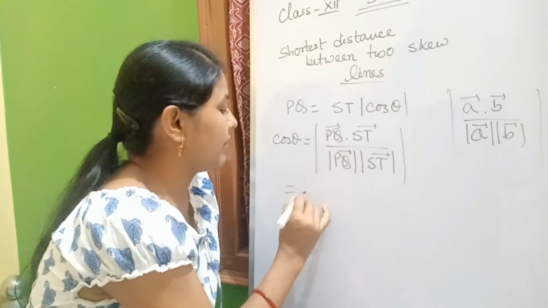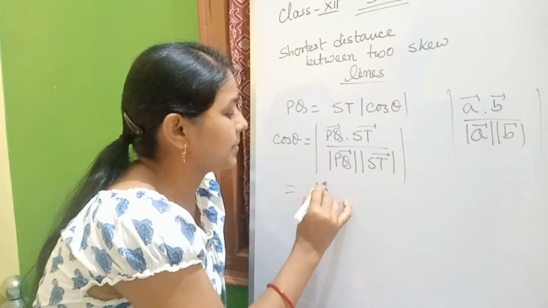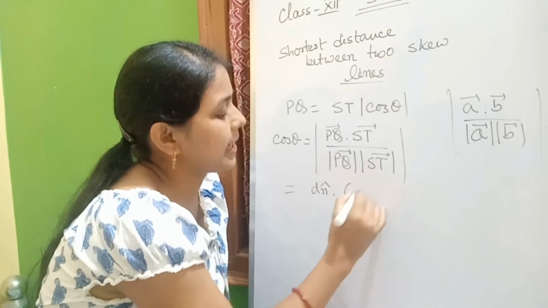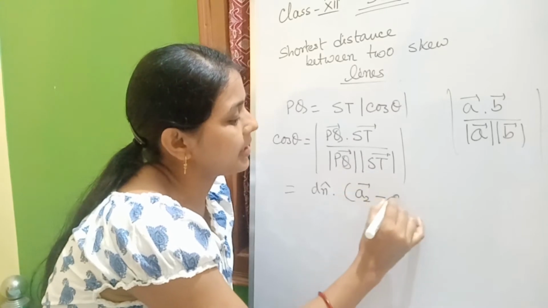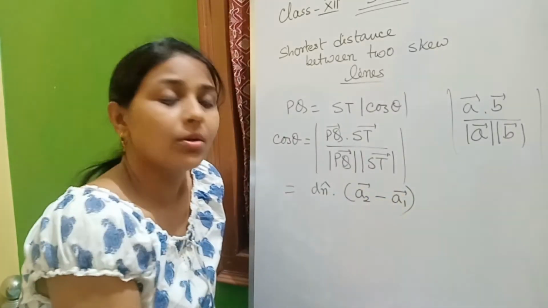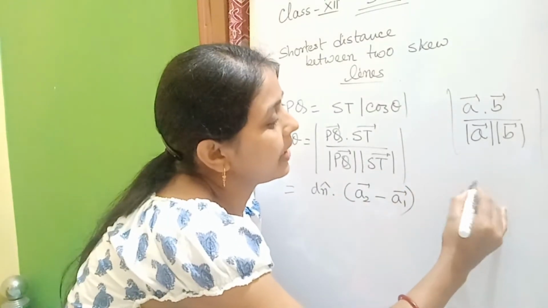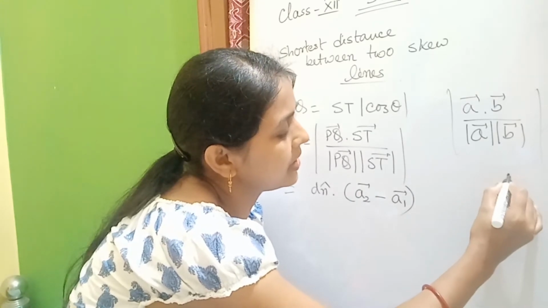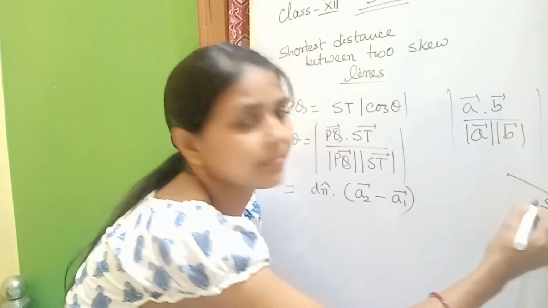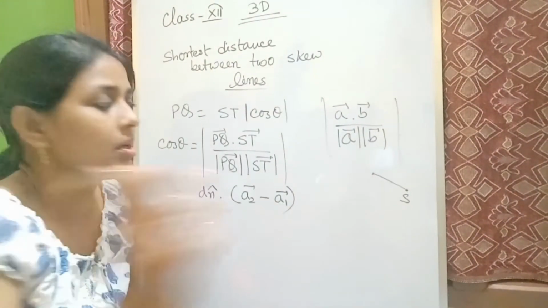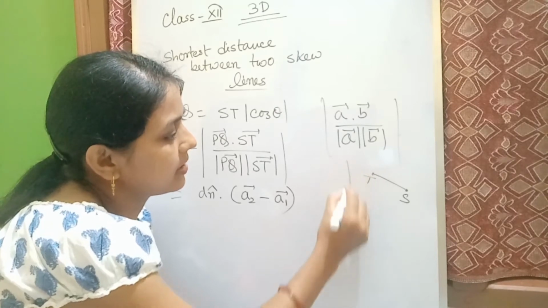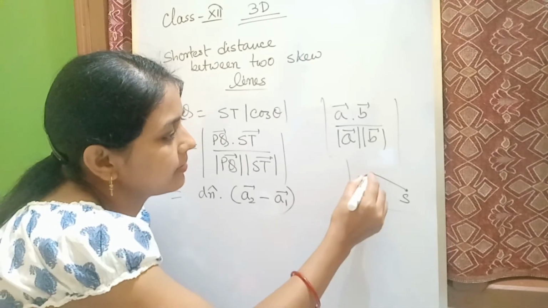PQ vector we have already got as d n cap. ST vector can be written as A2 vector minus A1 vector. Because look, suppose this is T and this is S and this is the origin.